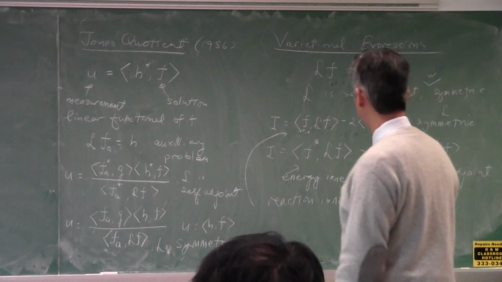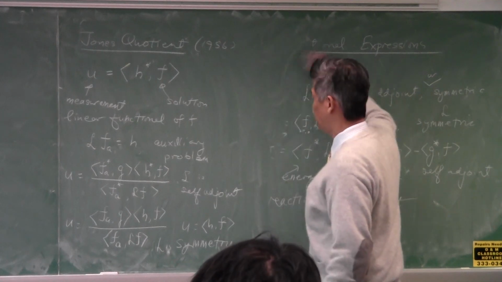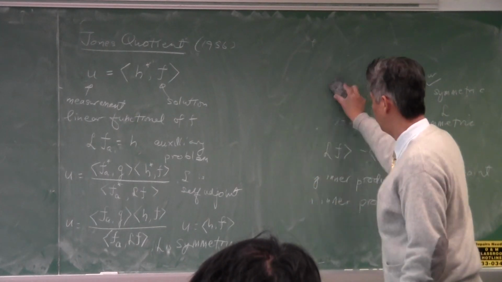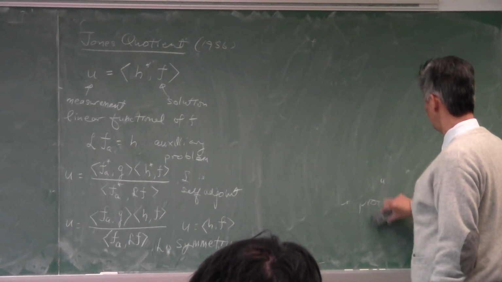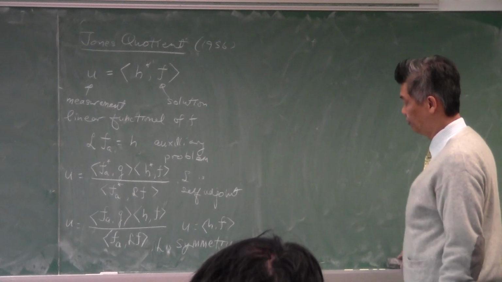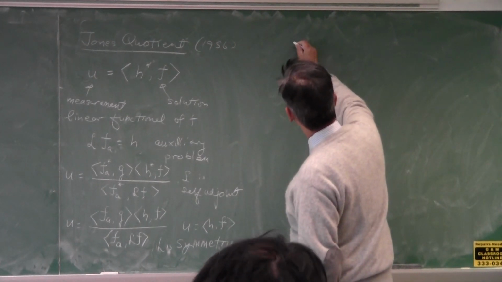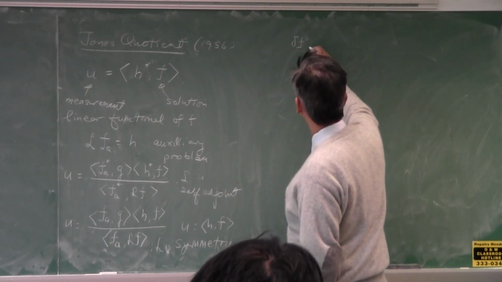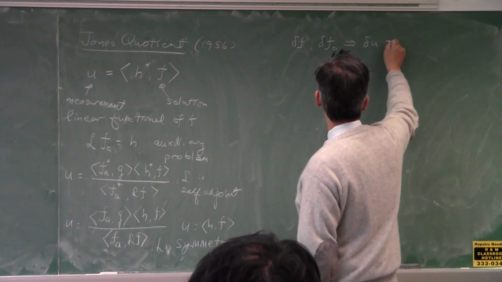And this is very good for people who want to do certain calculations for certain measurements. And how can I prove that U is variational? That if you make a first order error in your solution, you have a second order error in U. Okay, which means that if you have delta FA, it means that delta U is equal to 0.